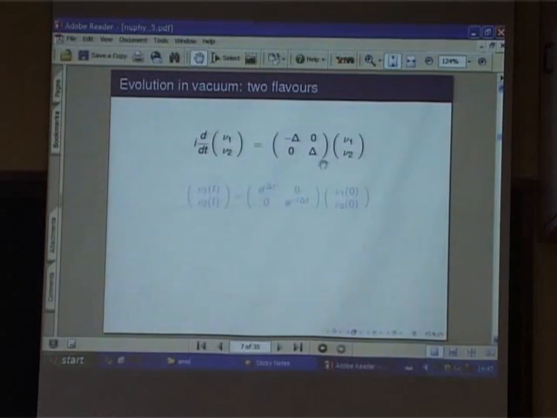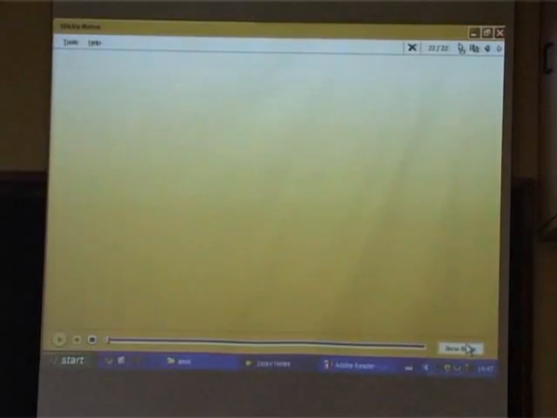Now what will happen? This means that the solution is, okay, you are writing i d by dt of psi equal to H psi. So H is the constant. This delta was the constant. So if H is constant, then my psi of t is e power minus iHt times psi of 0.